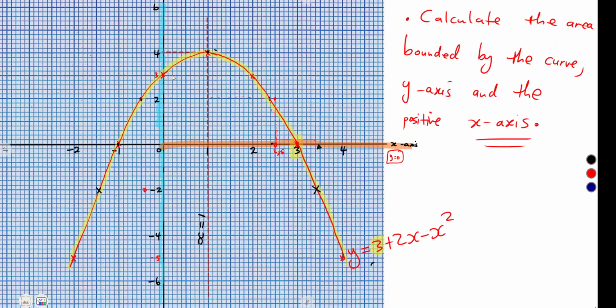So you calculate the number of boxes in this region that is bounded by what you're given. As you can see, guys, the whole bigger square has 100 boxes.